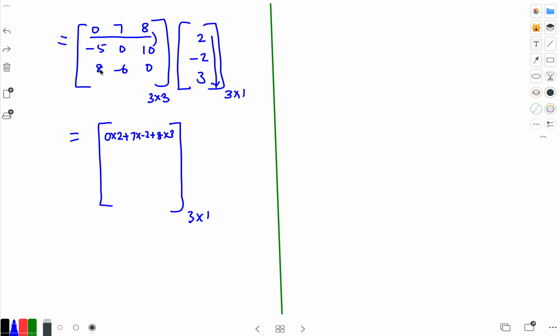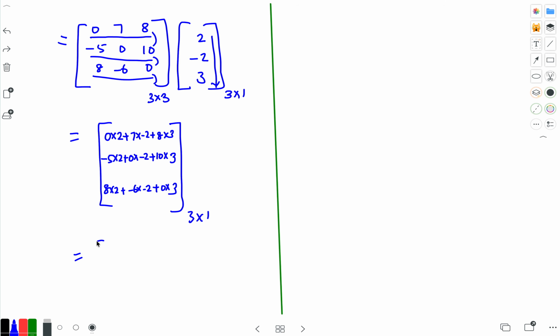Then sum of the product of second row with the first column: minus 5 into 2 plus 0 into minus 2 plus 10 into 3. Like that, third, sum of the product of third row with the first column: 8 into 2 plus minus 6 into minus 2 plus 0 into 3, right?